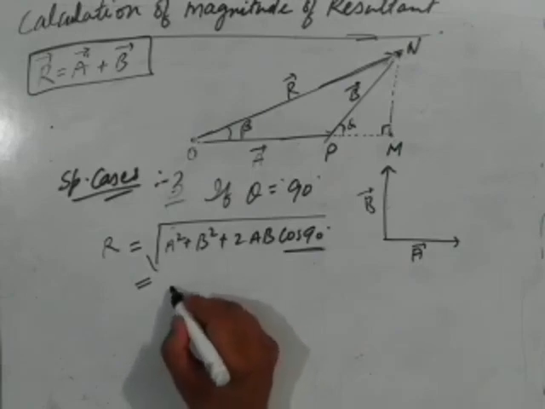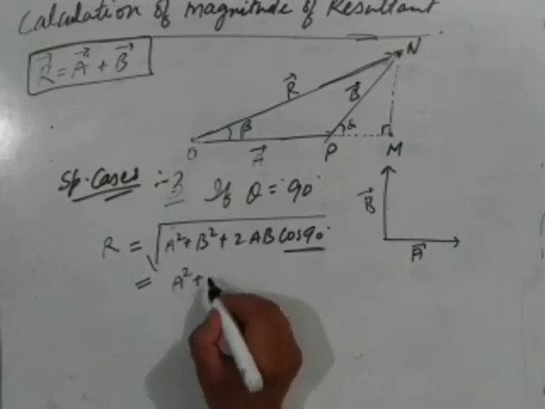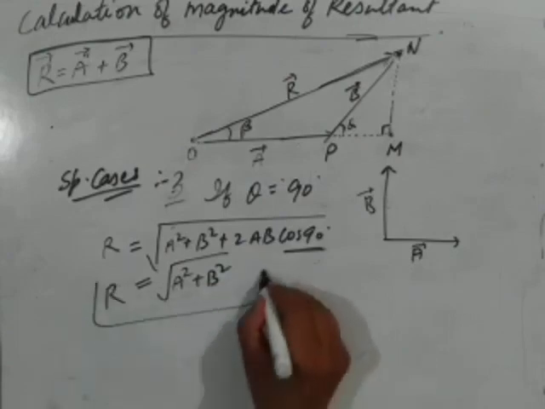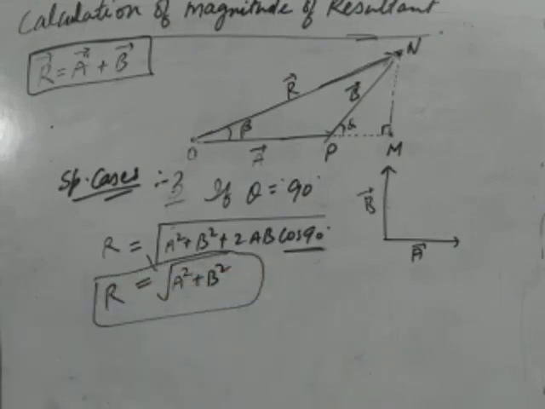So therefore the resultant becomes A square plus B square under the root. So this becomes the general formula for finding out the magnitude of the resultant.